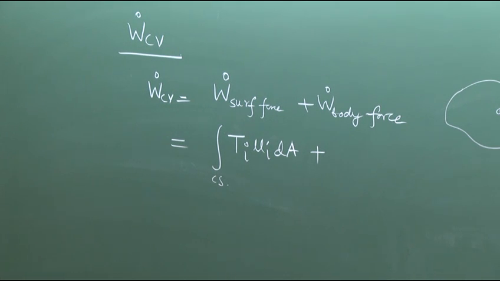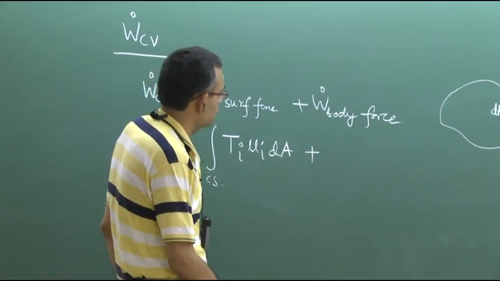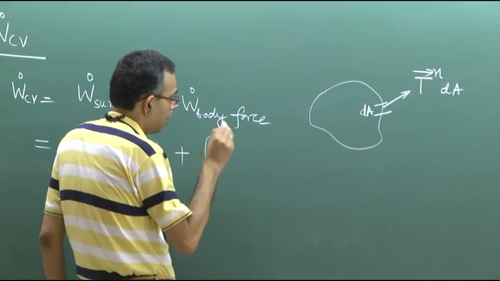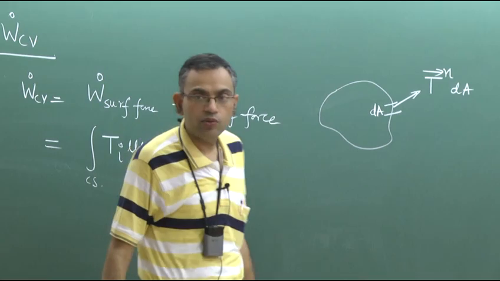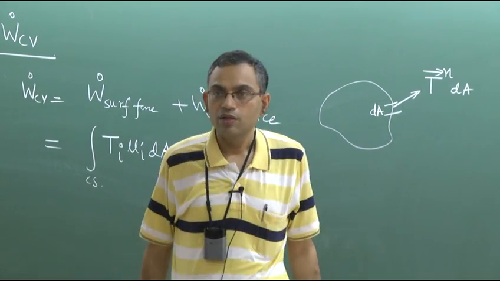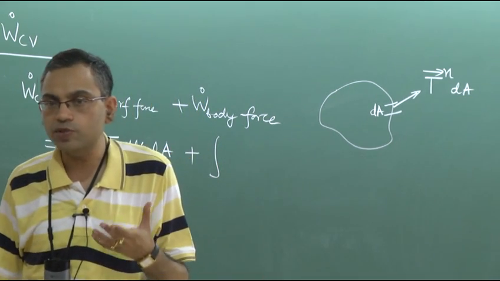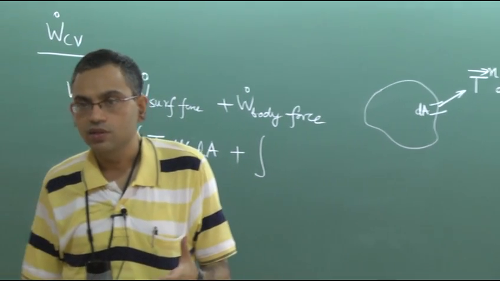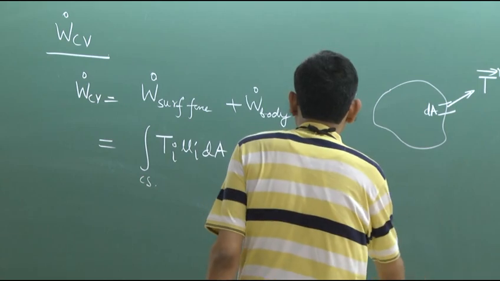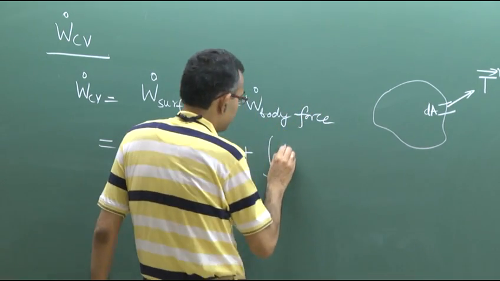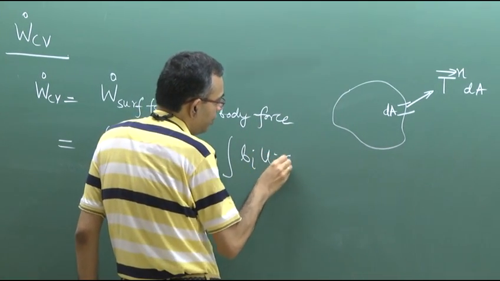Plus rate of work done due to body force. Body force per unit volume, when we derive the Navier-Stokes equation, we assume body force per unit volume is B. So, Bi ui dV.